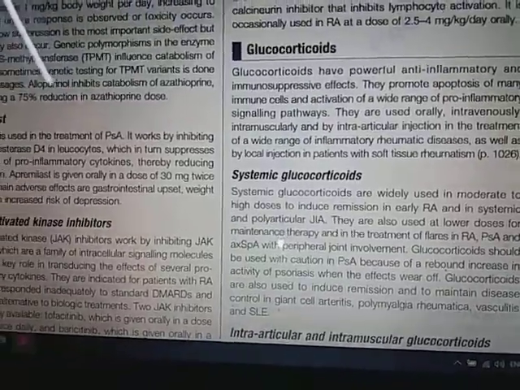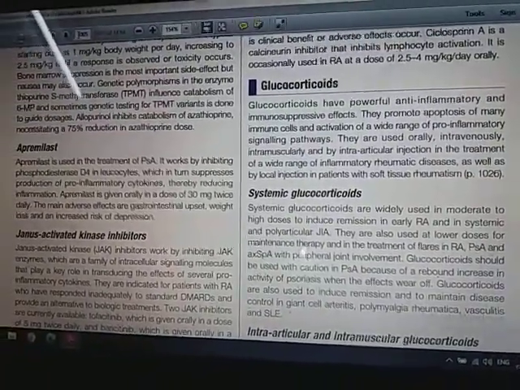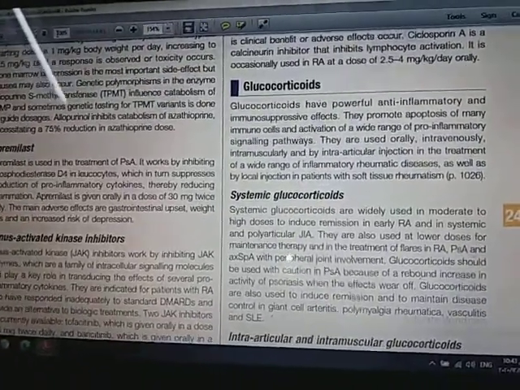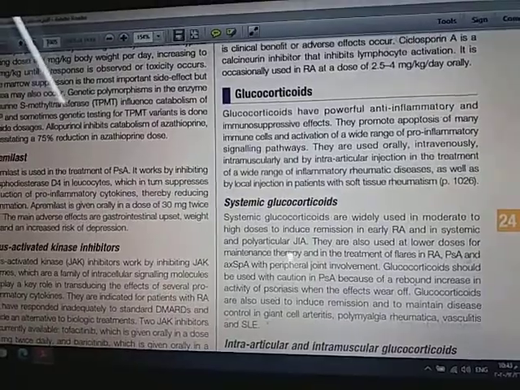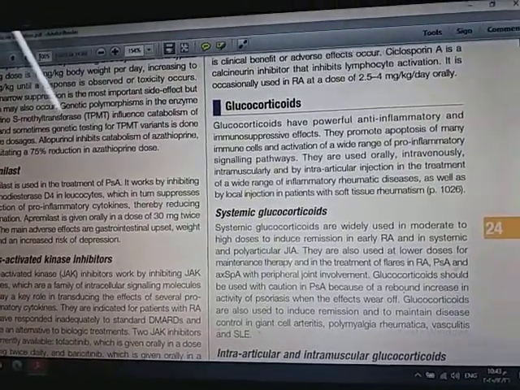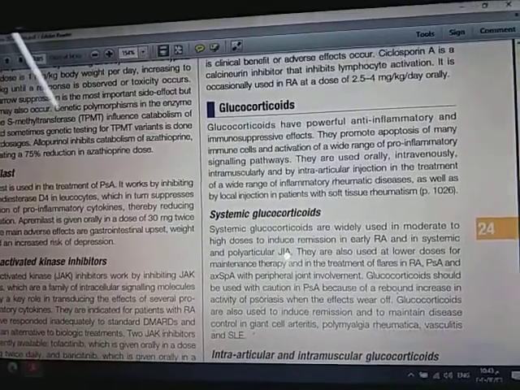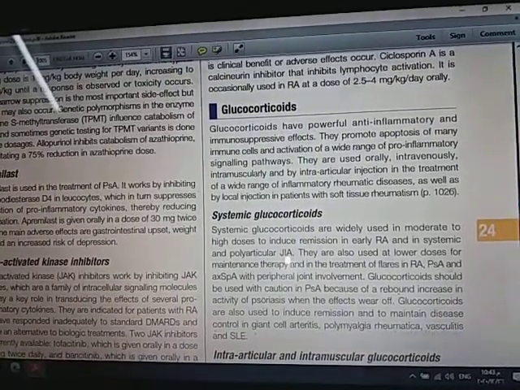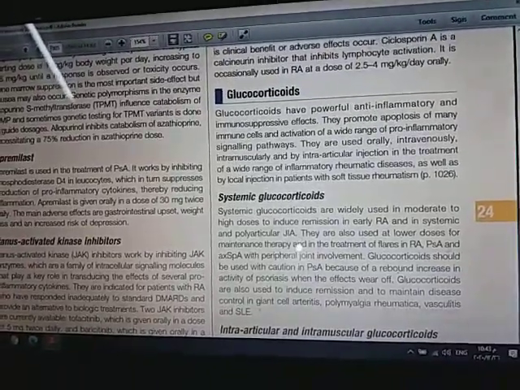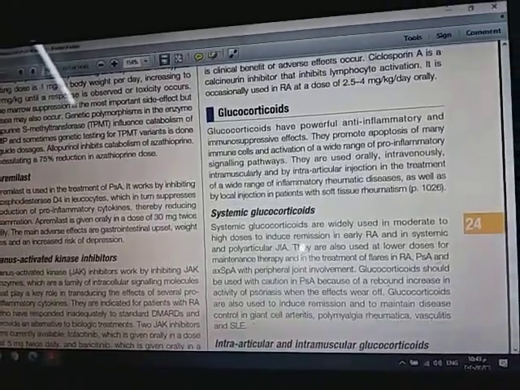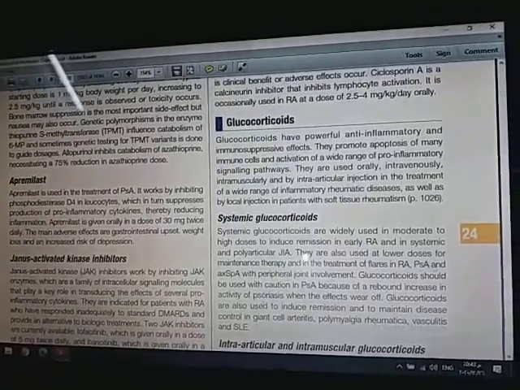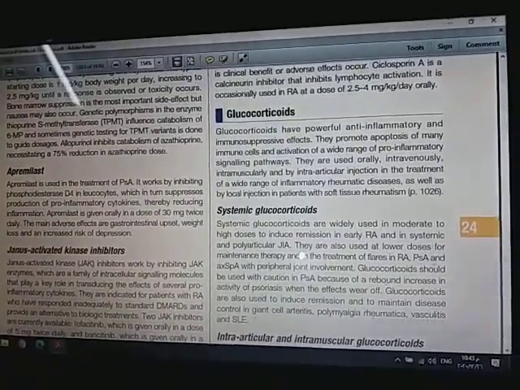The other line of treatment is steroid therapy. Steroid might be used locally, or we may use systemic steroid therapy. Locally, corticosteroids may be injected: 1, intra-articularly, inside the joint; 2, intrabursal injection; 3, under tendon sheaths.